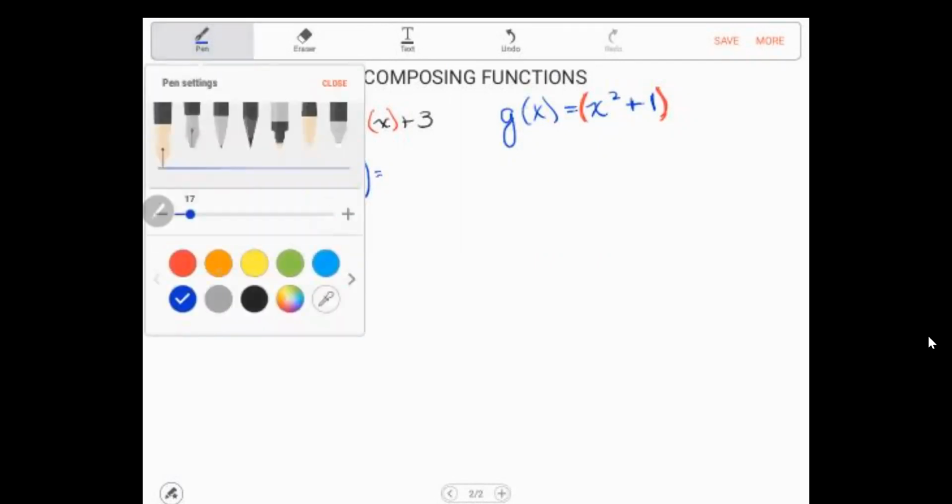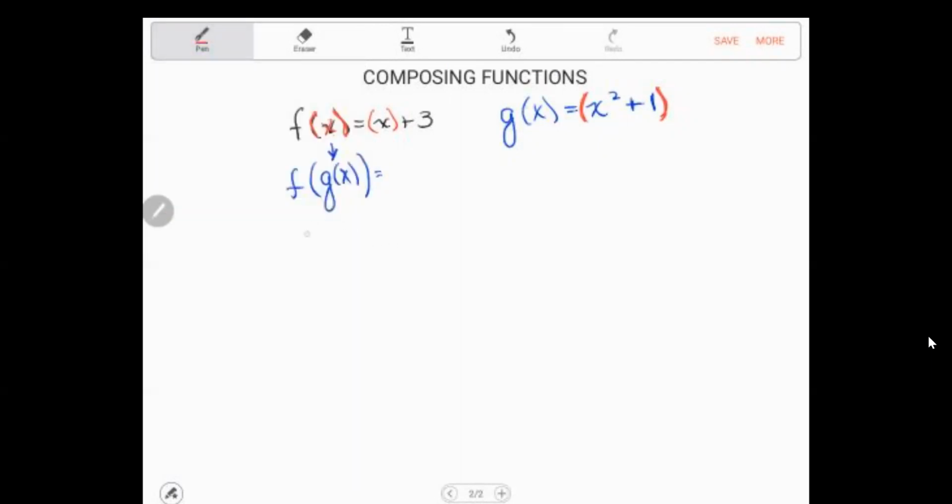And so maybe another way to think about it, if this helps you, is that instead of a 5, we want to put this function in. So this function is x squared plus 1. Since we changed our x out, wherever there's an x, we are going to put x squared plus 1.